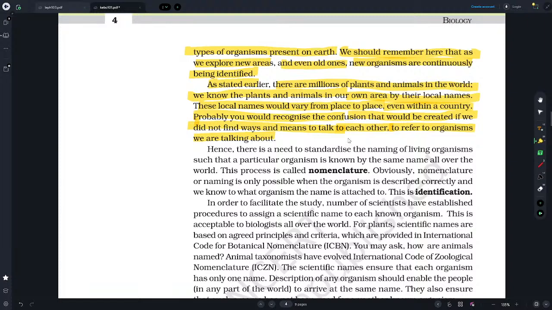Common names might differ due to various languages, various nicknames, or because in various isolated places people refer to organisms by different names. This will lead to so much confusion. Even though you are talking about the same organism, you might not understand it's the same organism because the local names, more specifically, are different in different areas.